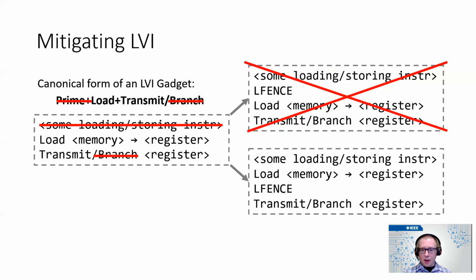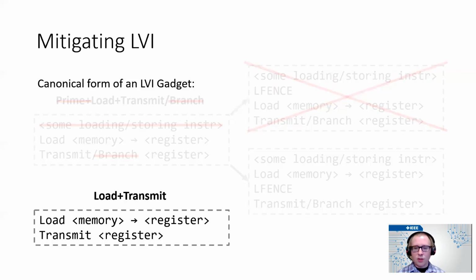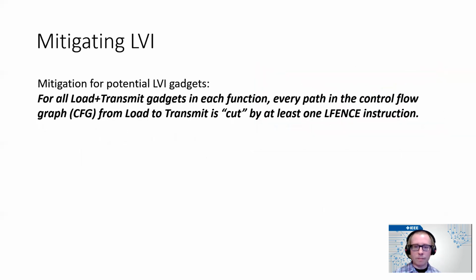So to clean all that up, we just need to find patterns that look like this, and then interpose an LFENCE instruction between the load and the transmitter. And in fact, what having this canonical form means is that we don't, as the researchers had asserted, actually have to place an LFENCE after every single load.